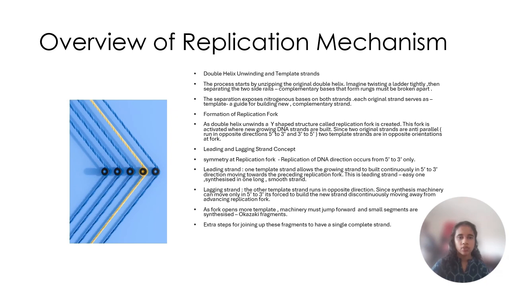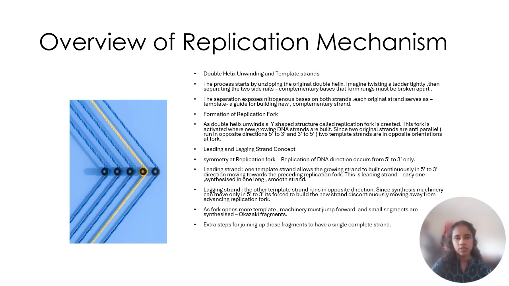Now, for the daughter strand that is synthesized, there are two things you should know: the leading and lagging strand concept. The daughter strand that is synthesized continuously is called the leading strand.